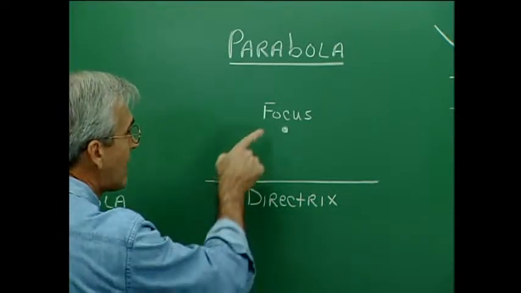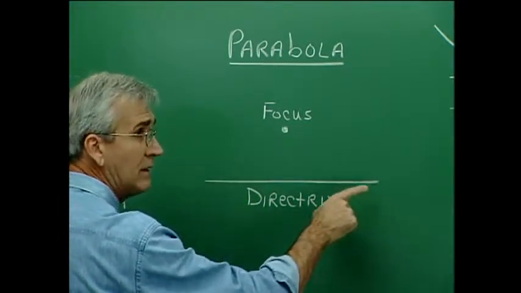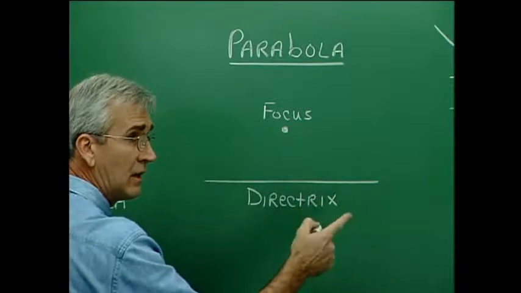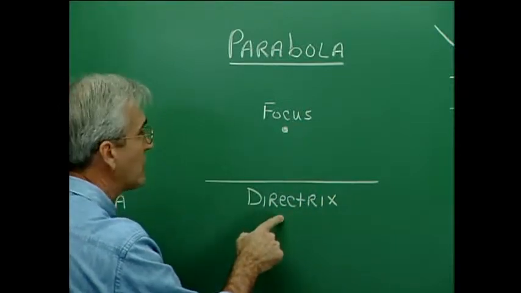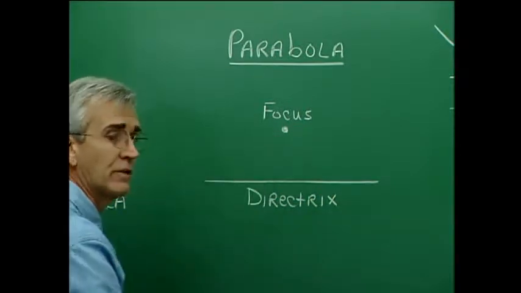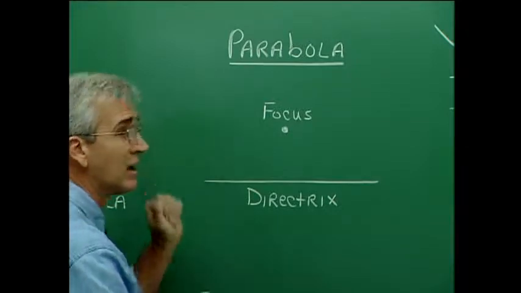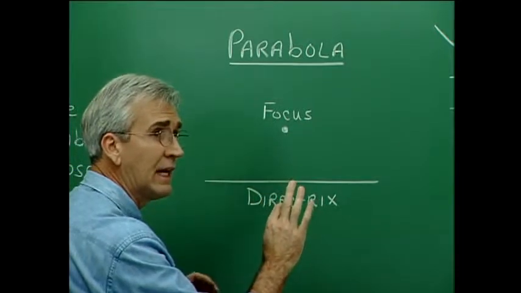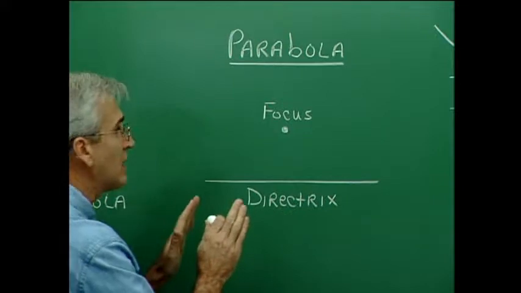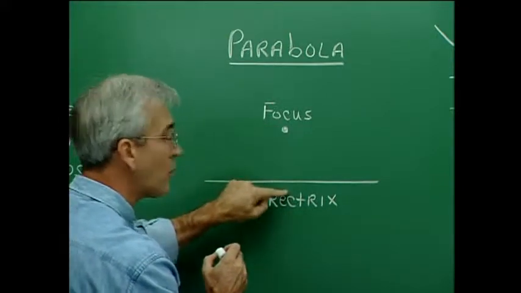Suppose we start with a point and a line. Now the point is not on the line. The line is called a directrix, and the point is called a focus. And the parabola is all the points in the plane that are the same distance from the focus and the directrix.